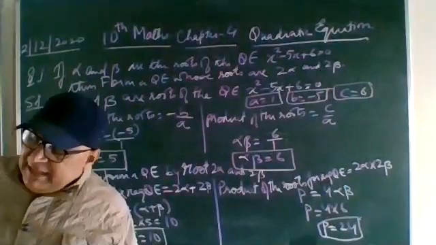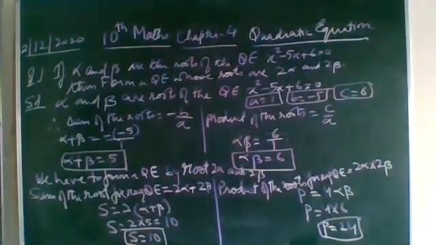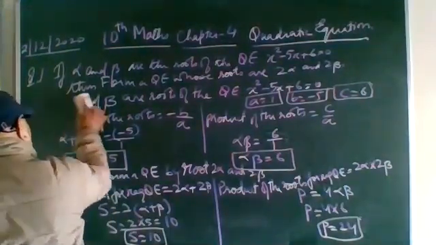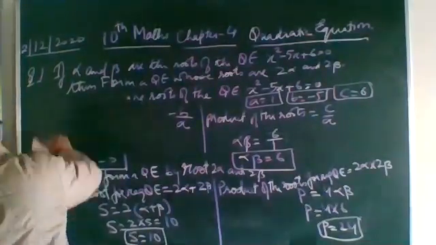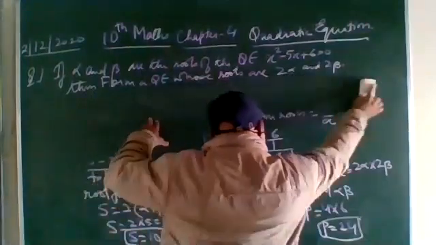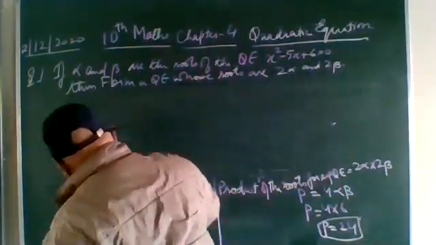Once you have calculated the sum of the roots and product of the roots for the required quadratic equation, now you will write: quadratic equation can be formed by the formula. That is the formula I explained in the theory of this chapter.